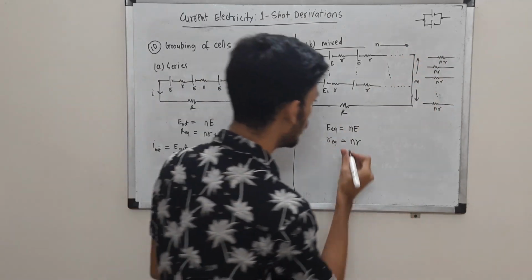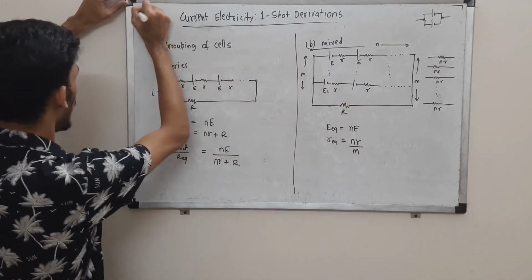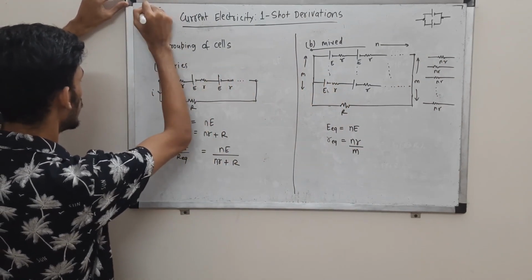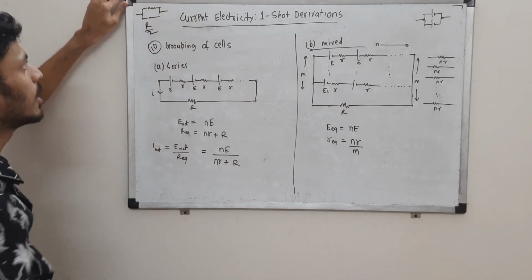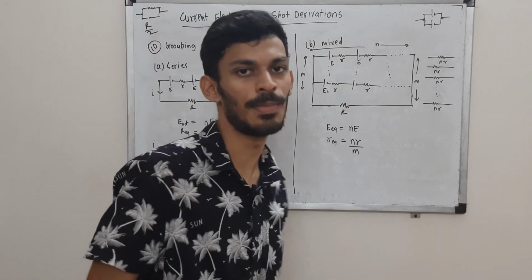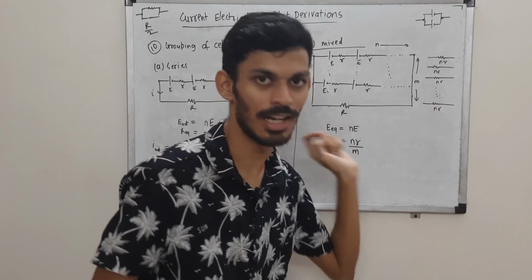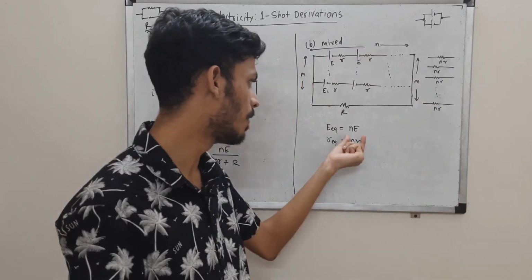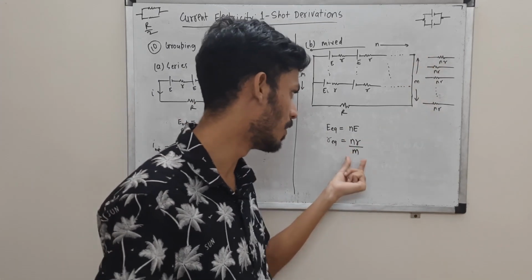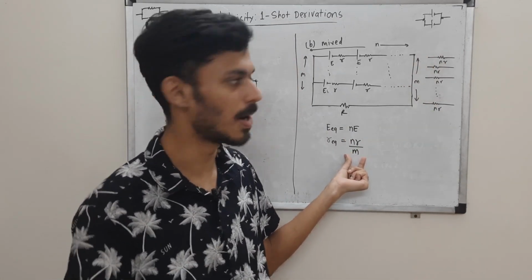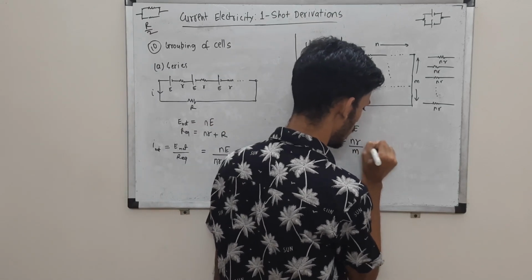So it will become nR by m, because if you have two equal resistances R and R in parallel, it becomes R by 2. Similarly, if you have three R in parallel, it will become R by 3. So if you have nR in parallel m times, it will become nR by m. The equal resistance is divided by the number of branches, and don't forget to add the external resistance R.